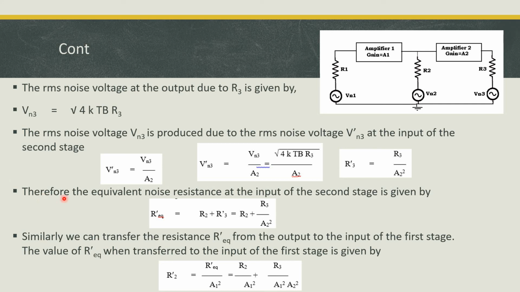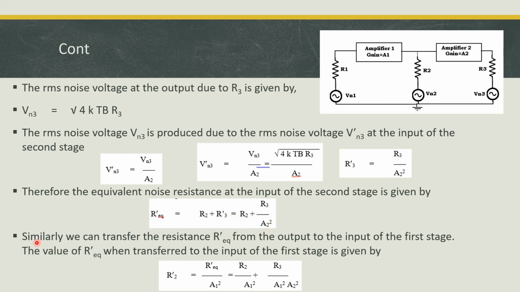Therefore the equivalent noise resistance at the input side, we can transfer this R3 resistor to the input side of the amplifier. So R dash equivalent equals R2 plus R3 dash. R3 dash we have already calculated here. We are going to substitute here R2 plus R3 divided by A2 square.